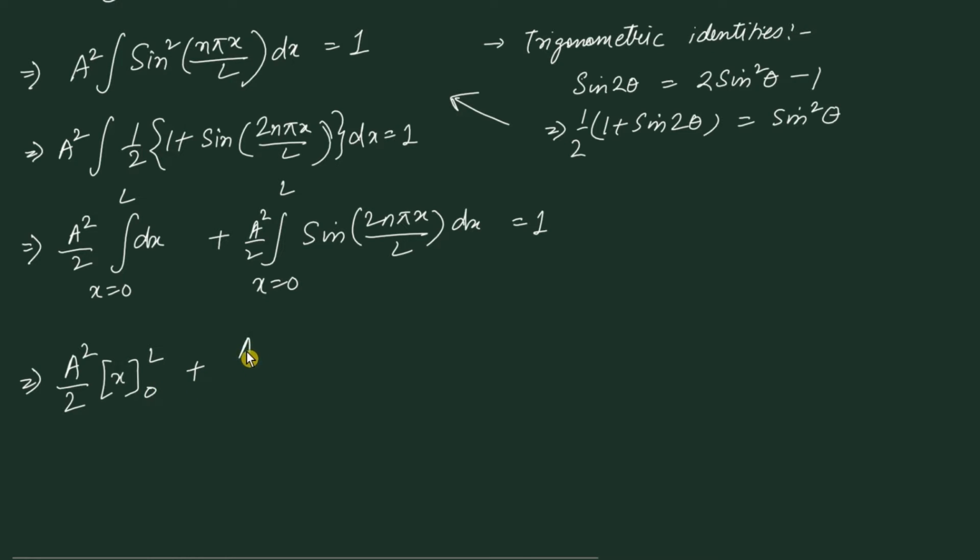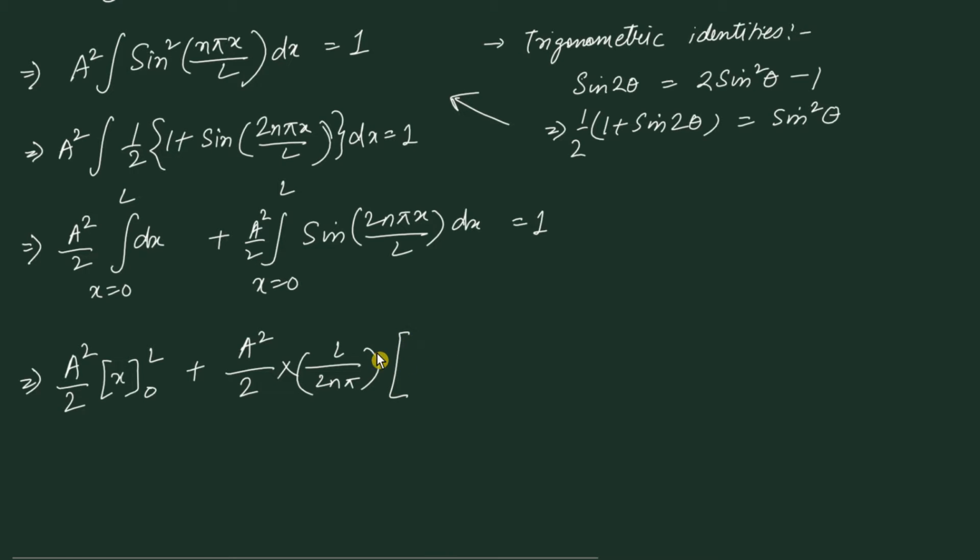The second term is also easy, a square by 2 multiplied by inverse of the constants, which is L upon twice n pi, integration of sine twice n pi x upon L, which is just, what is it?